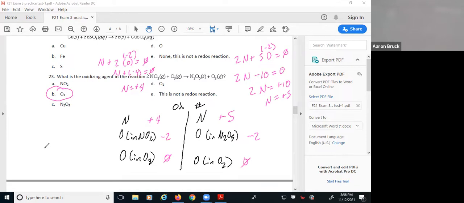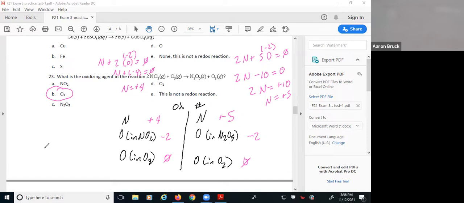But remember, one of the alternative definitions I gave you for redox was all about oxygen. Follow the oxygens. The oxidizing agent loses oxygen. The reducing agent gains oxygen. If I go from that standpoint and look close, the ozone has lost an oxygen to become oxygen.